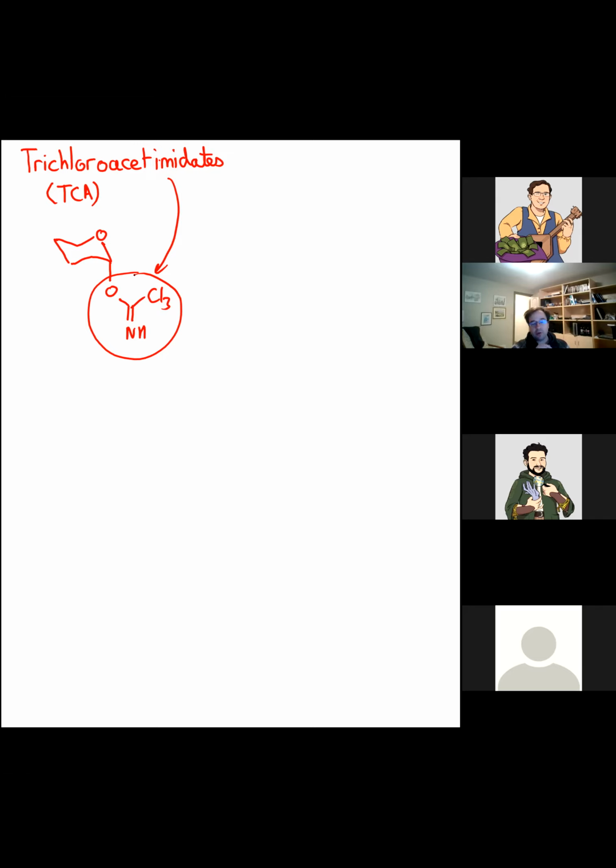What's really strong with the trichloroacid imidates is they give us really good stereochemical control over the glycosylation. They are unstable. If you're lucky, you can pass these through column chromatography, but most of the time they'll decompose on you.